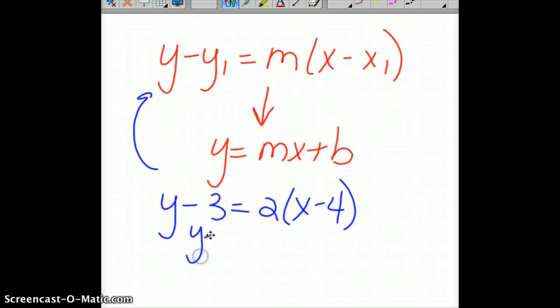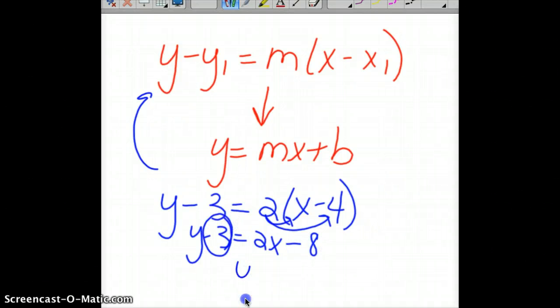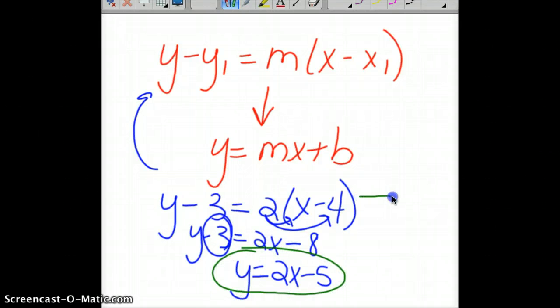I'm going to simplify this. I'm going to distribute the 2 times x minus 2 times 4. I'm going to get y by itself by adding 3. Negative 8 plus 3 is negative 5. I've just written my point slope equation now in slope intercept form.